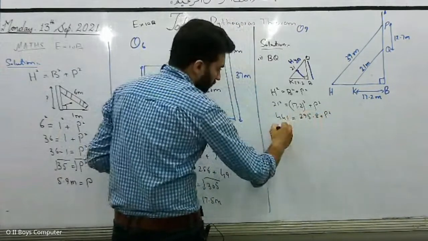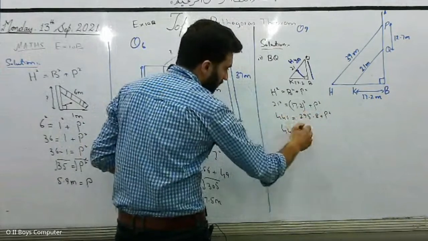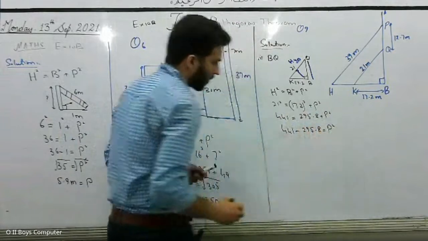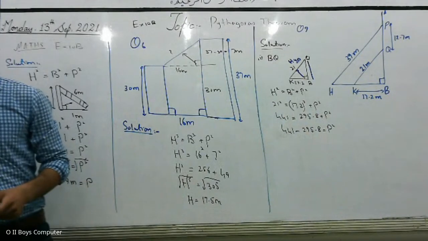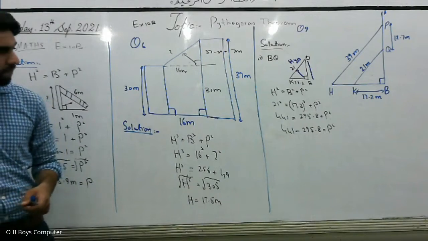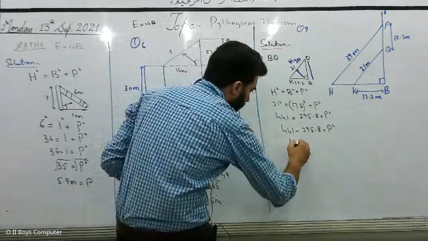So we have to move this to the left side and subtract these two values, 441 minus 295.8. That is 145.2.